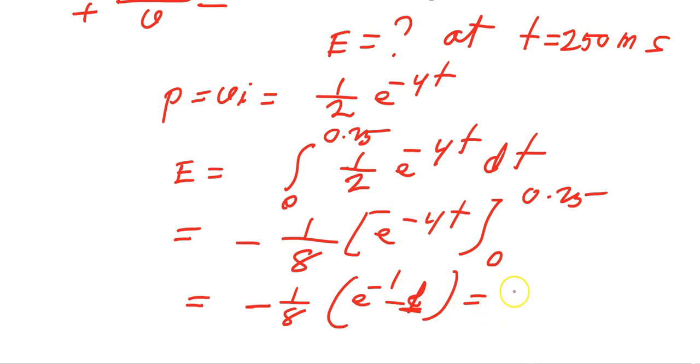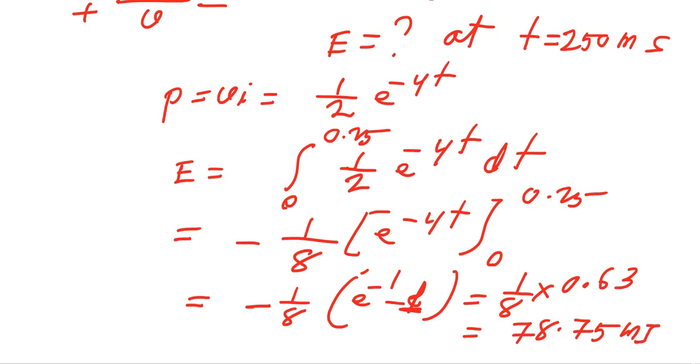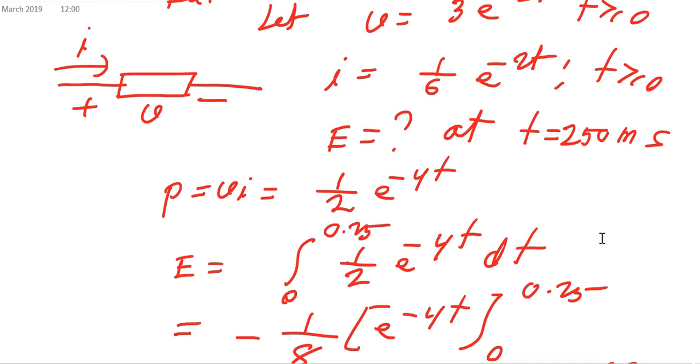So you will get 1/8 into 0.63, and if you divide with your calculator, you will get 78.75 millijoule. These types of questions are very basic questions, and they keep asking in the GATE in different formats. So always start from your basics, which is very much essential if you are really serious about your GATE exam.